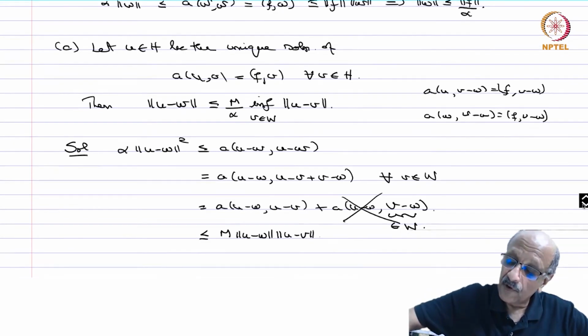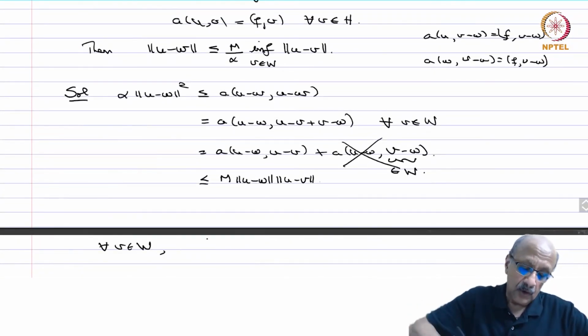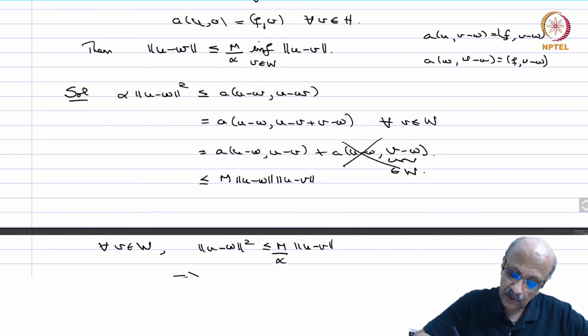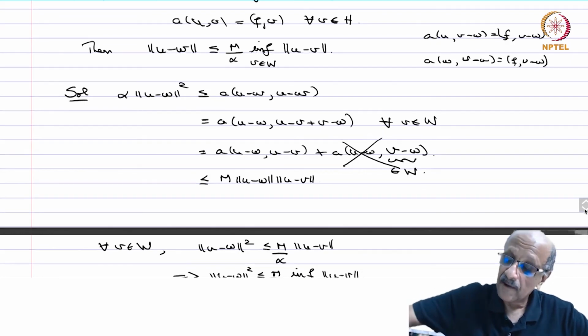Okay, therefore for every v in W you have alpha times norm u minus w whole square is less than or equal to M times norm u minus w times norm u minus v, and therefore this is true for all v in W, so this implies norm u minus w is less than or equal to M by alpha times the infimum over v in W of norm u minus v. Okay.